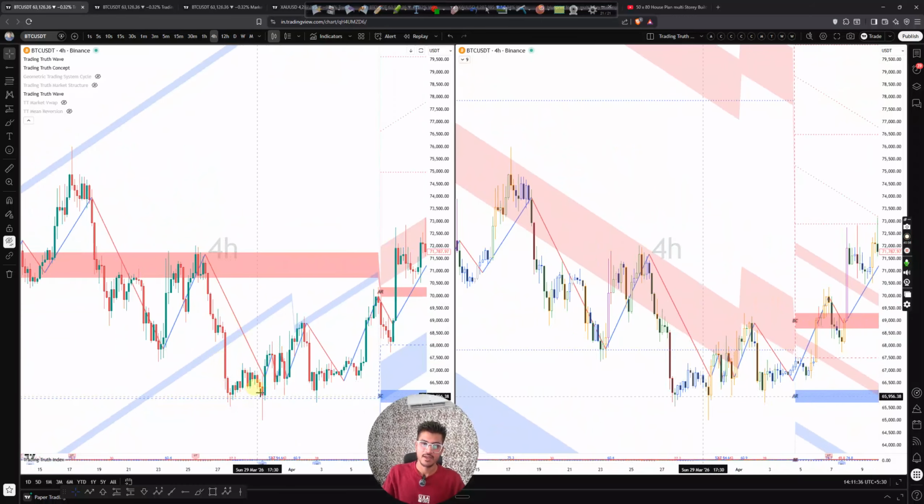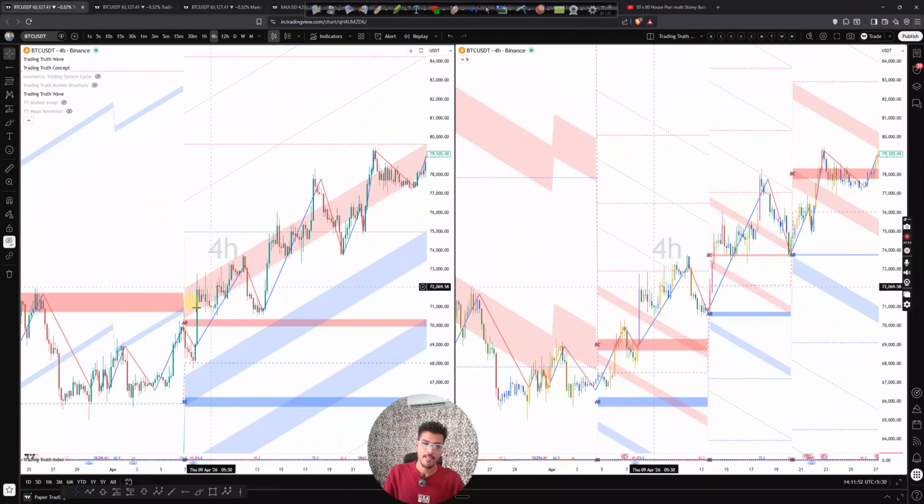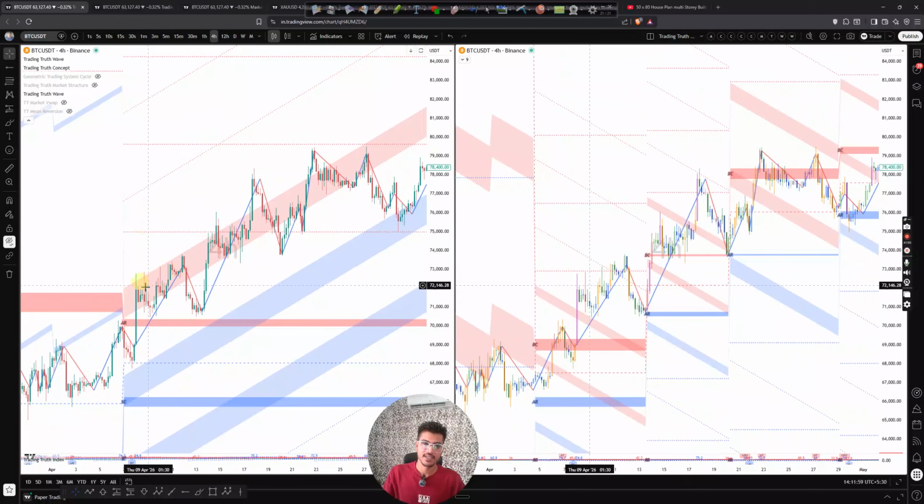Then it stayed there because this was your midpoint. From here, the market established a new accumulation, and you can now read the market beautifully, guys.